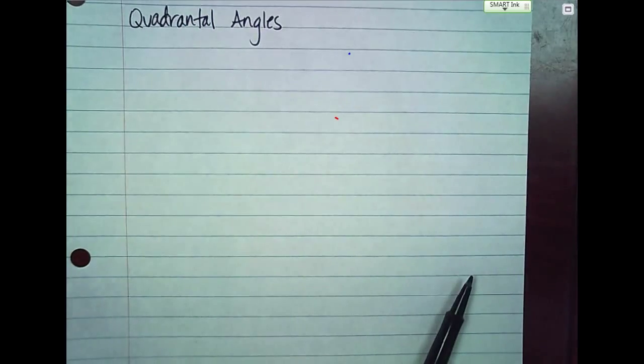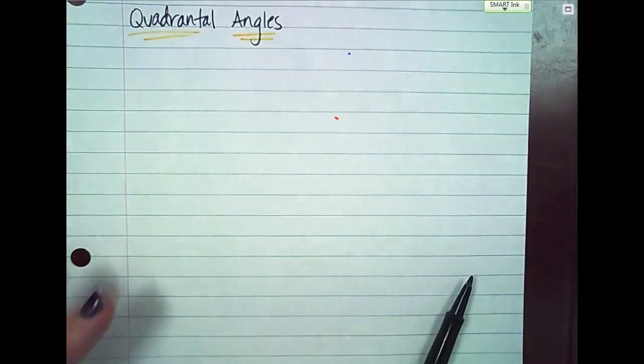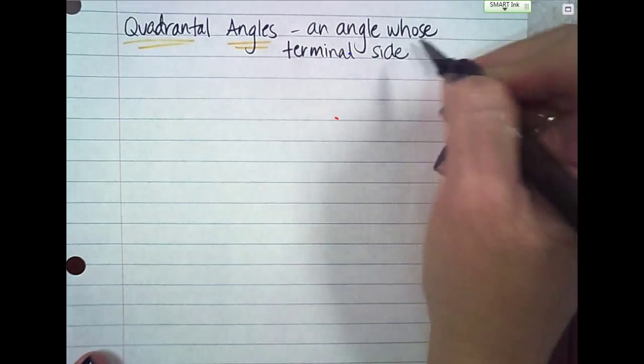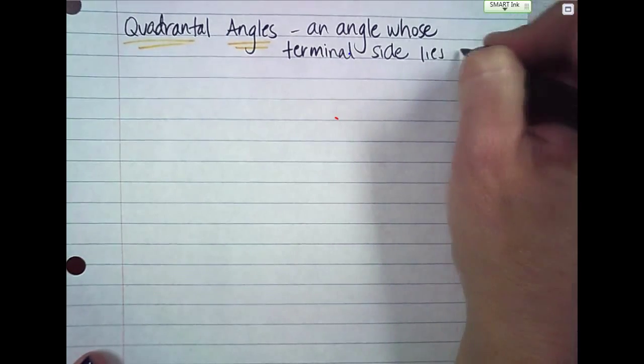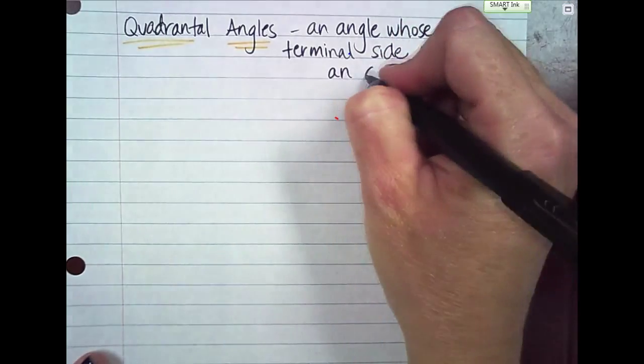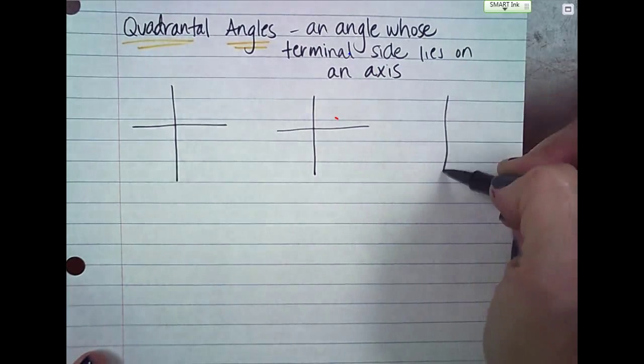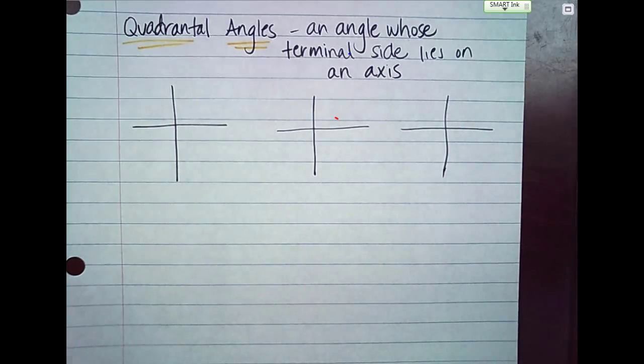And I think of them as 4s because, let me explain what they mean. A quadrantal angle is an angle whose terminal side, that means the side that stops, lies on an axis. If you're asking what made me think quad and 4, how many stops are there?